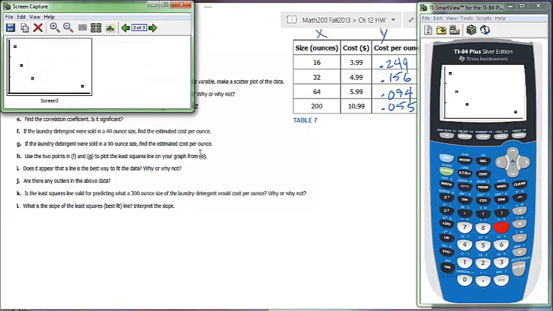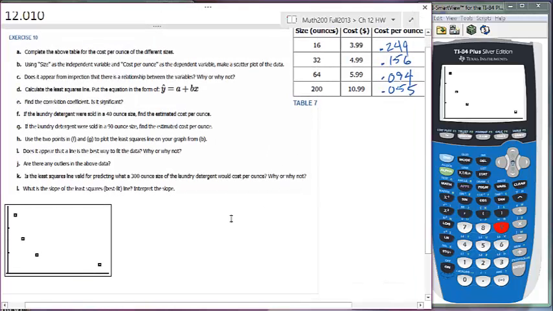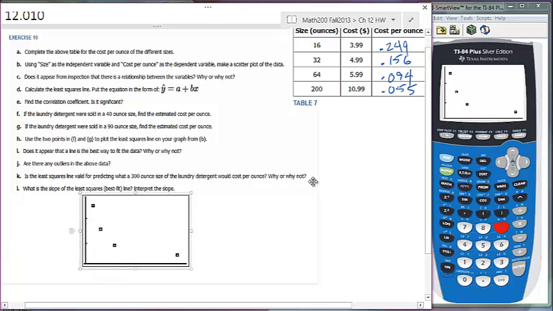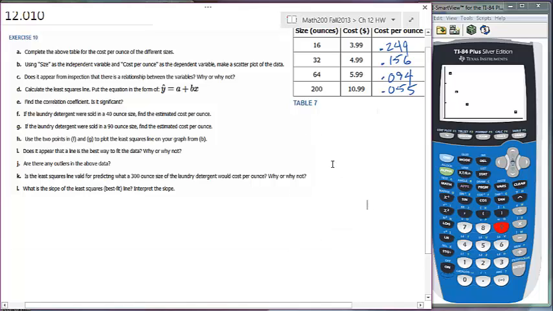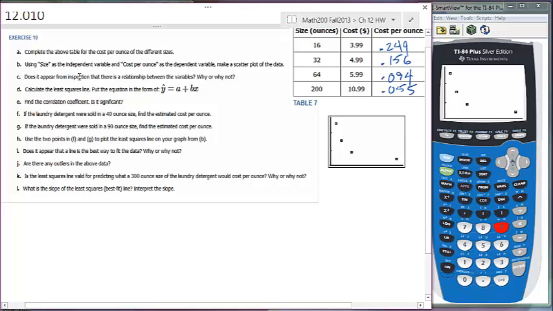So here is our scatter plot. Does it appear that there's a relationship between the variables?